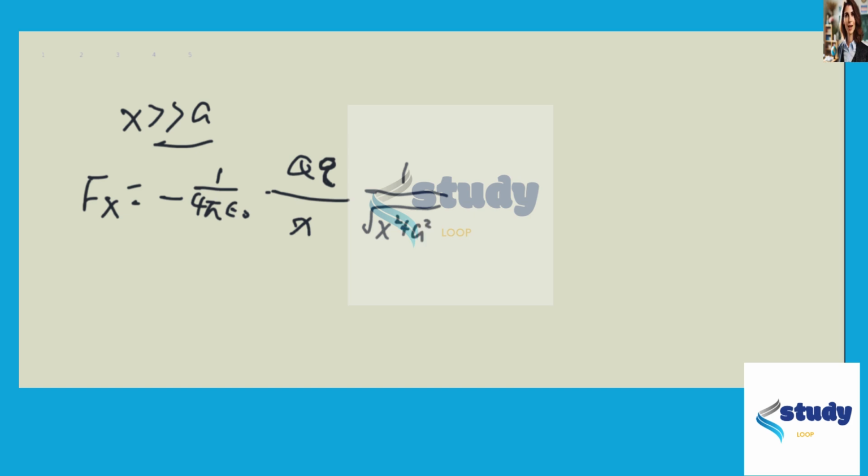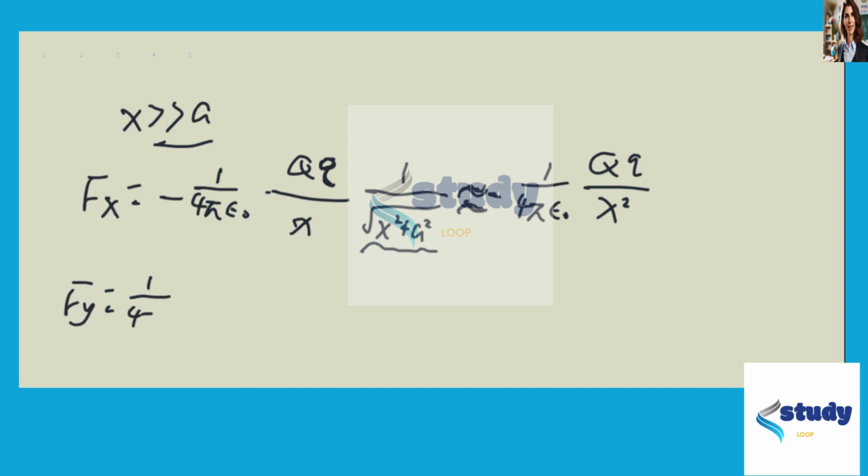If x is much larger than a, we can approximate the square root as x. So this becomes approximately negative 1 over 4 pi epsilon naught Qq over x squared. And for Fy, the expression is 1 over 4 pi epsilon naught times Q over A times 1 over x minus 1 over square root of x squared plus a squared.